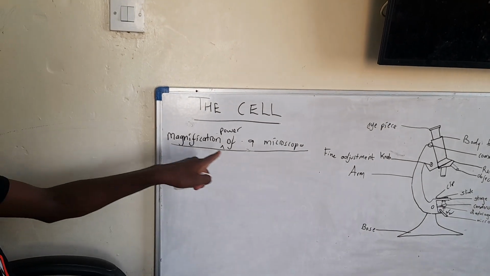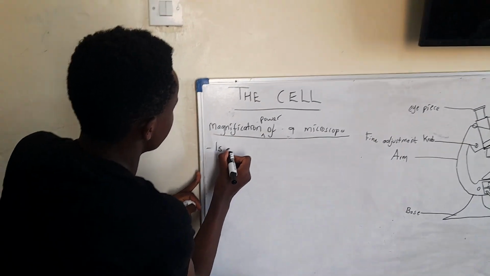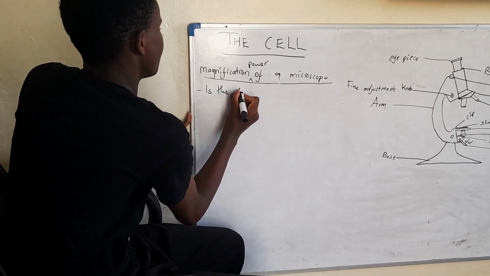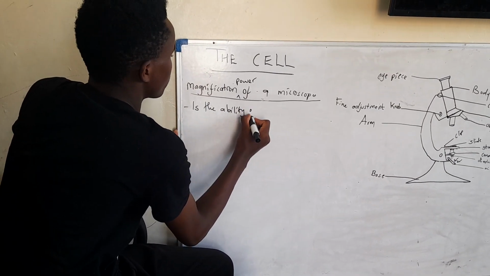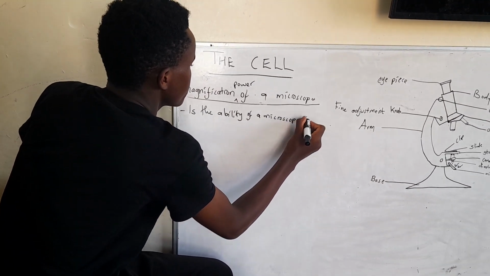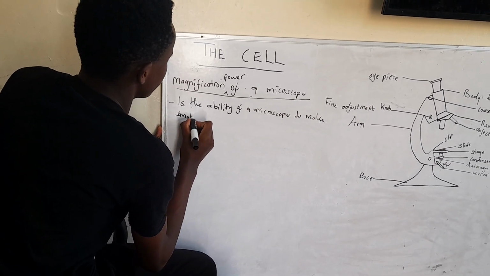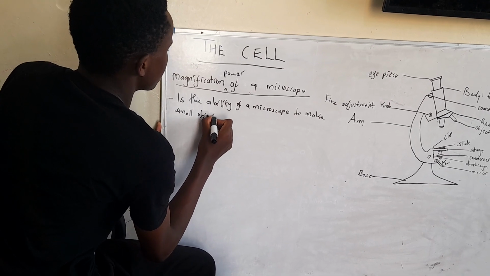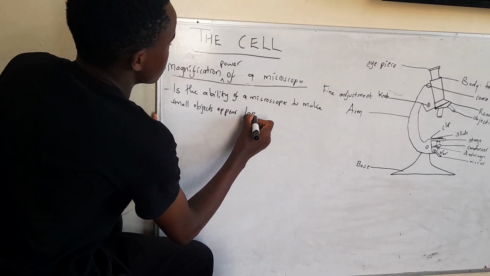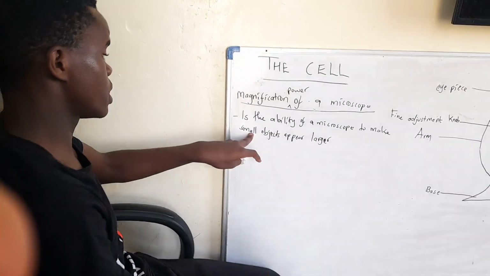Magnification power is the ability of a microscope to make small objects appear larger. You see? It's the ability of a microscope to make smaller objects appear larger.